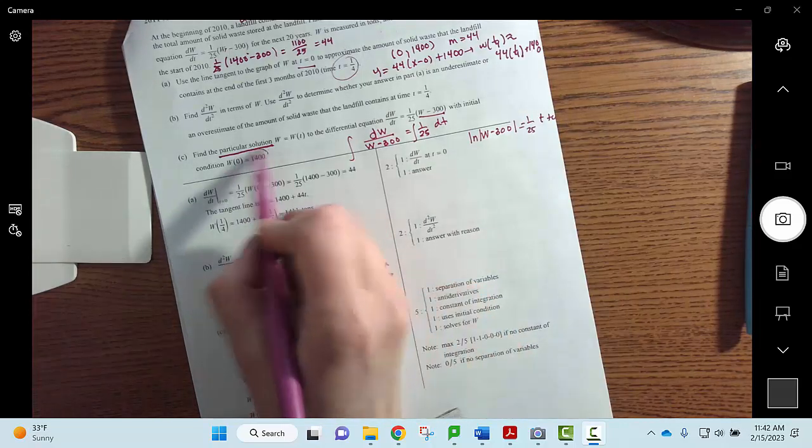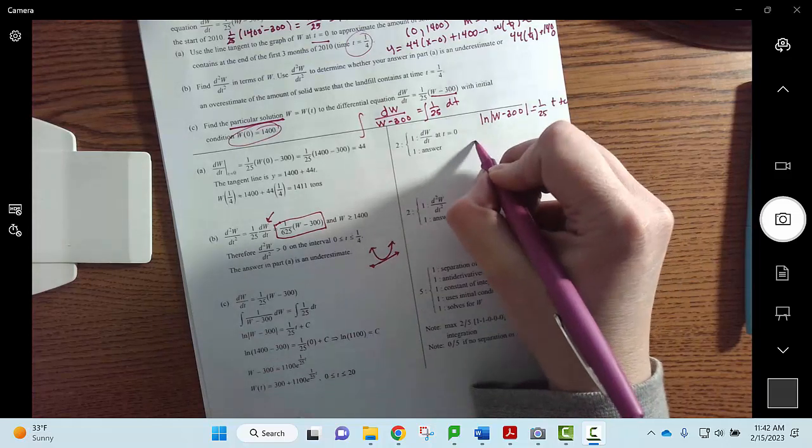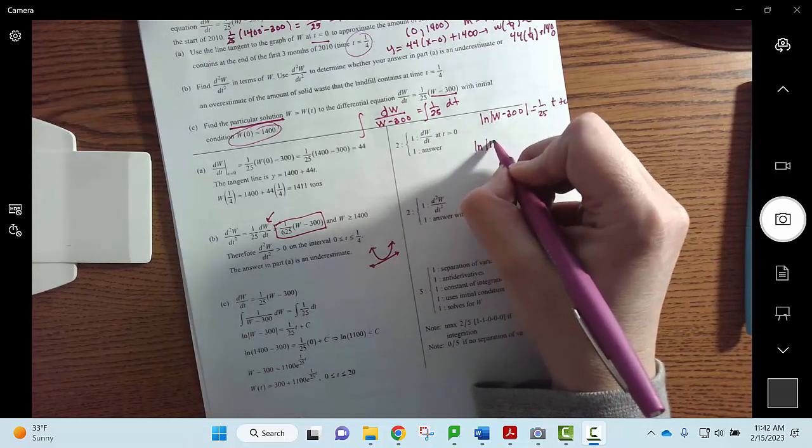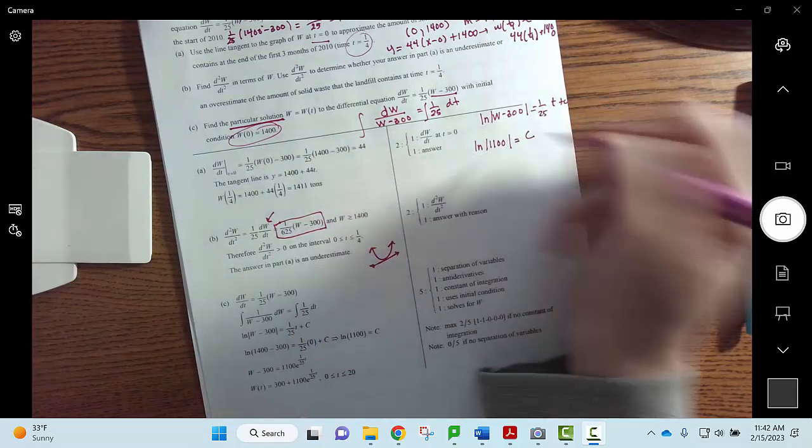Okay, so then we're going to go with this information that they gave us to find the plus c. So it'll be ln of 1100, and the time is 0, so that's our c.